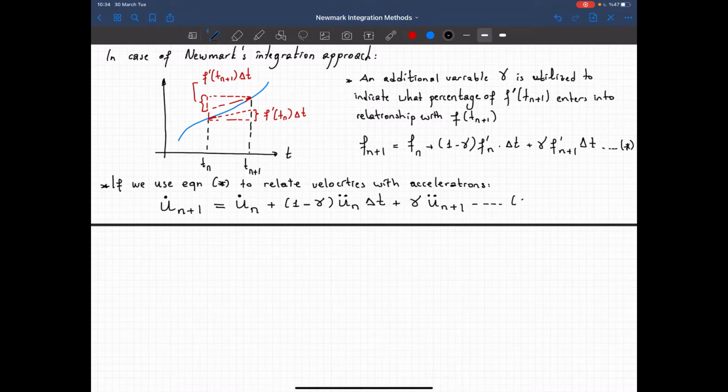So that's our first integration equation for Newmark's method.